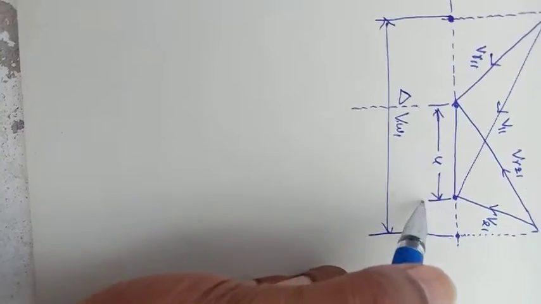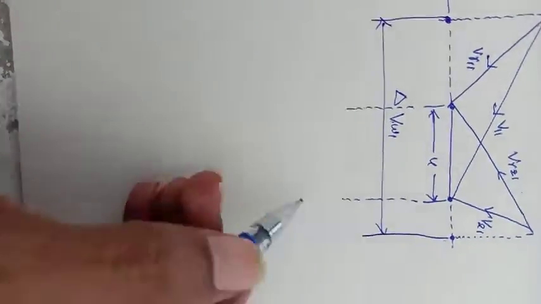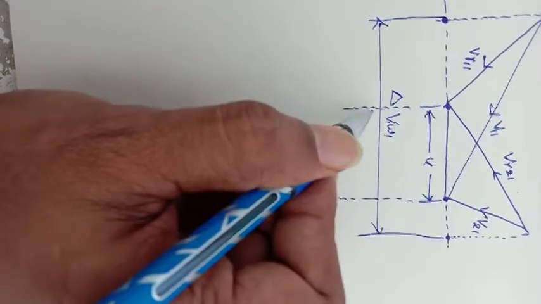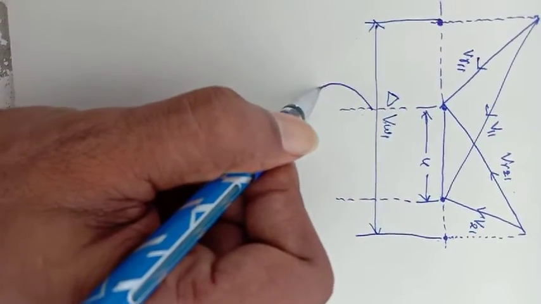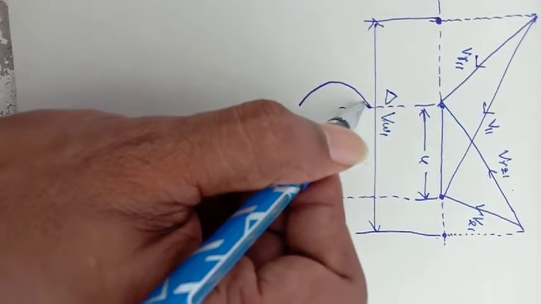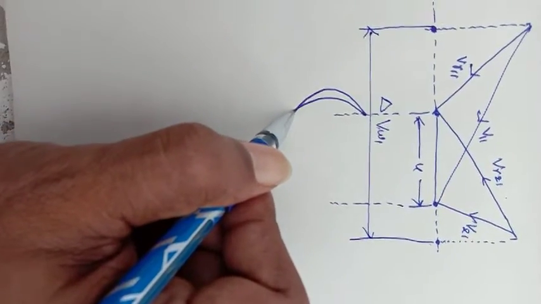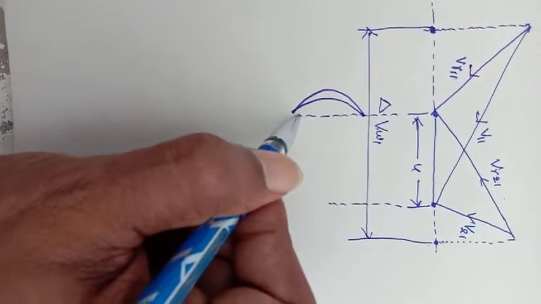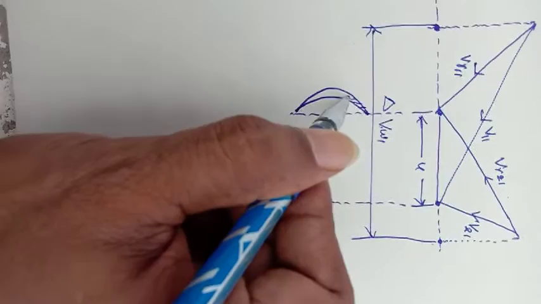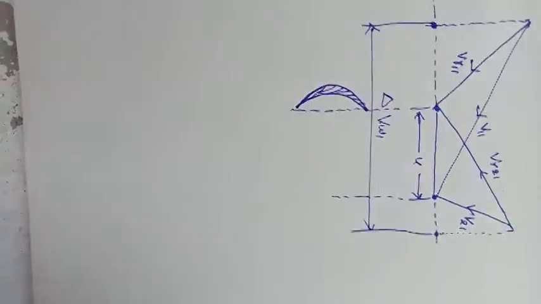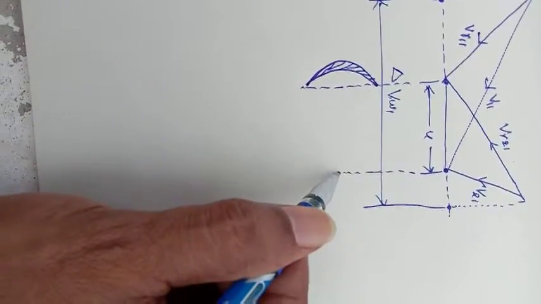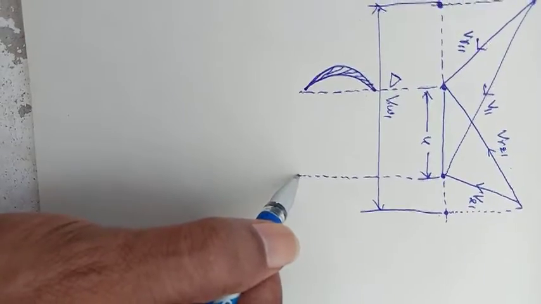Now I am going to draw the next stage. So now here I fix the blade like this. This is coming from the blade.